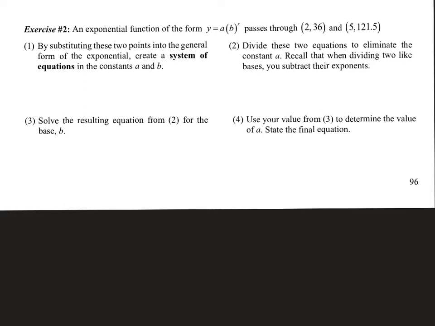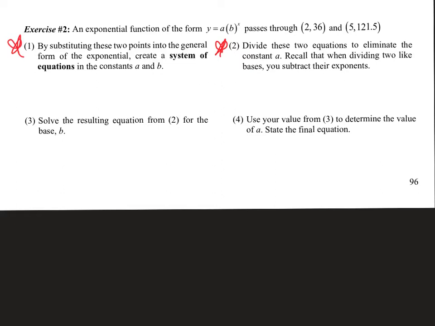So the steps that we have to follow to do this are slightly different. This kind of problem is going to pop up a lot, all right? So these steps right here are important. If you see this on the homework or in review or whatever, you need to come back to this right here.